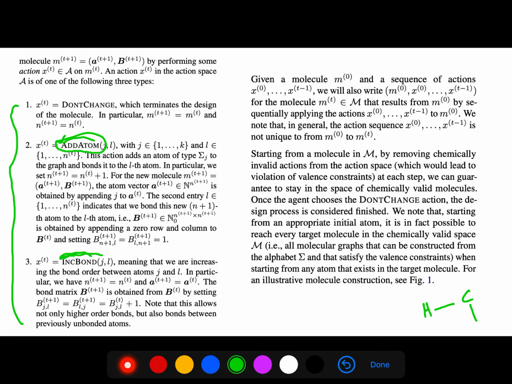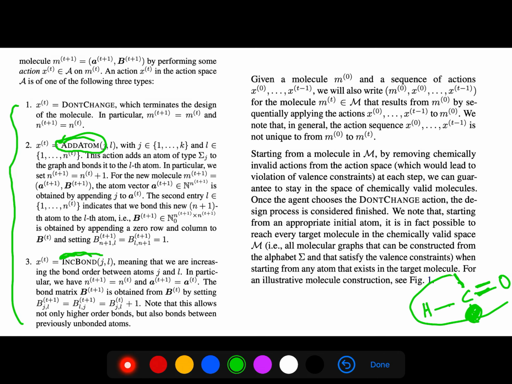We know the valence of carbon is 4, so up to 4 edges. Of course, it depends on whether all of them are hydrogen. But if we have, for example, a double bond here with oxygen, then already the valence of 4 is occupied: 1, 2, 3, 4. So this is a valid molecule.